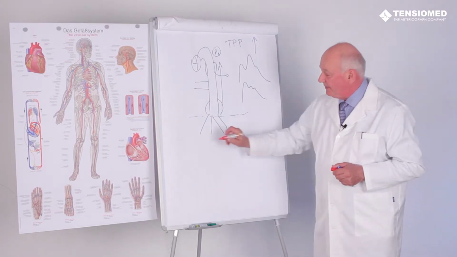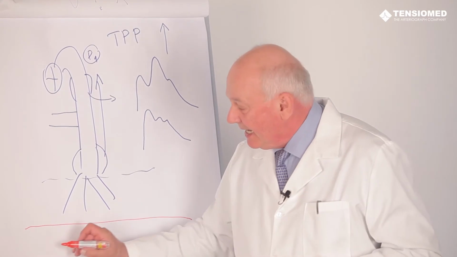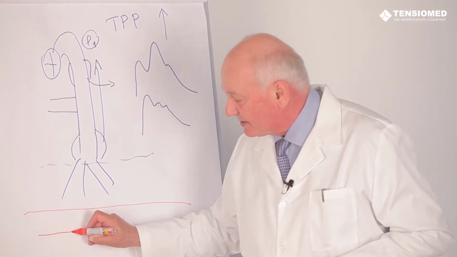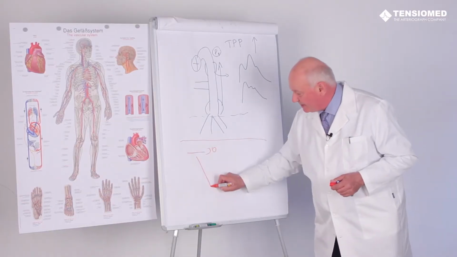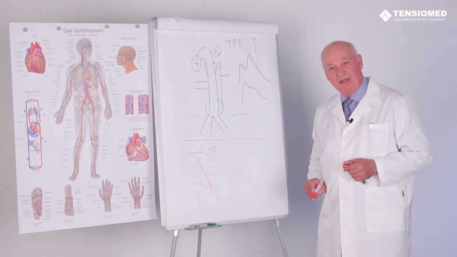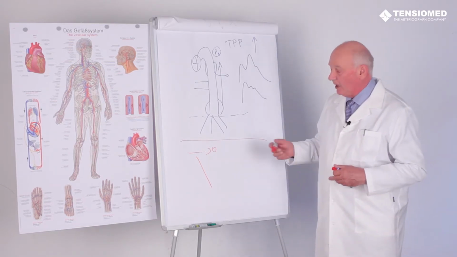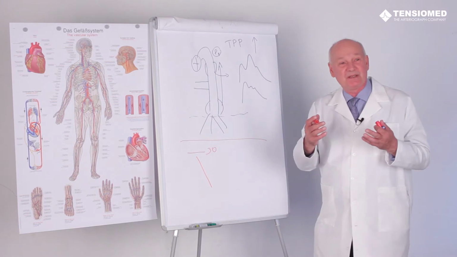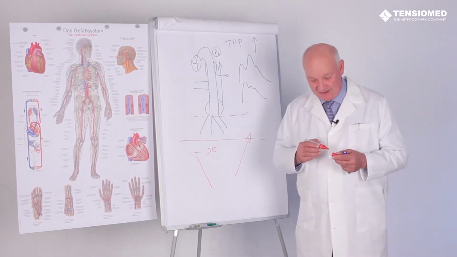For instance, if you eat a normal meal, 30 minutes after the food intake there is a decrease in the augmentation index because of visceral vasodilatation. On the contrary, if you smoke a cigar, the augmentation index becomes higher.